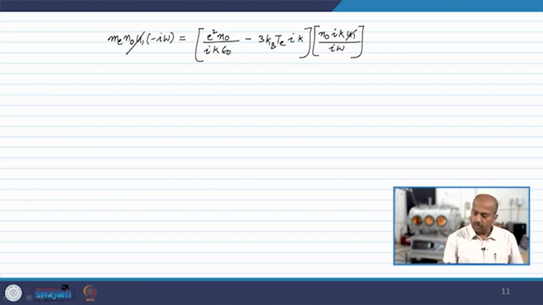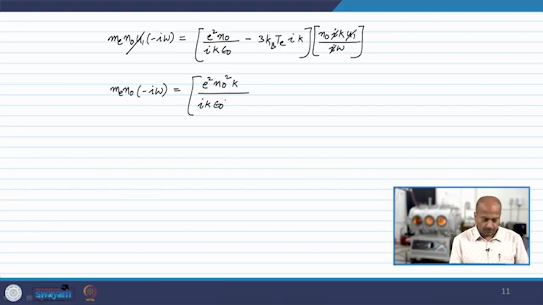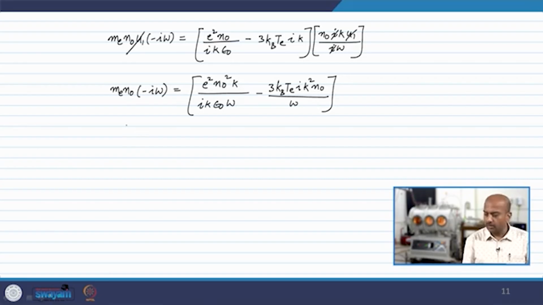We can cancel u1, which appears on both sides, and we can write m_e n naught times minus I omega is equal to e square n naught square k divided by I k epsilon naught omega minus 3 k_B T_e I k square n naught divided by omega, right.